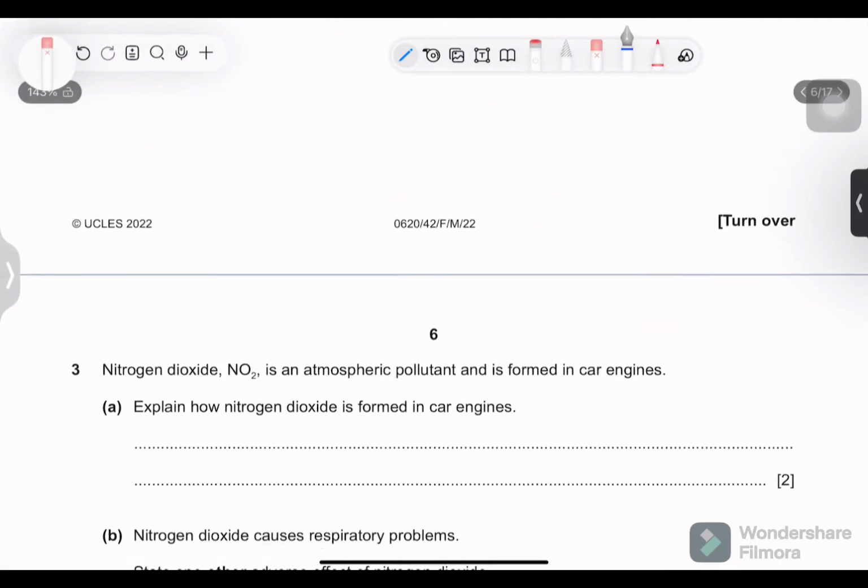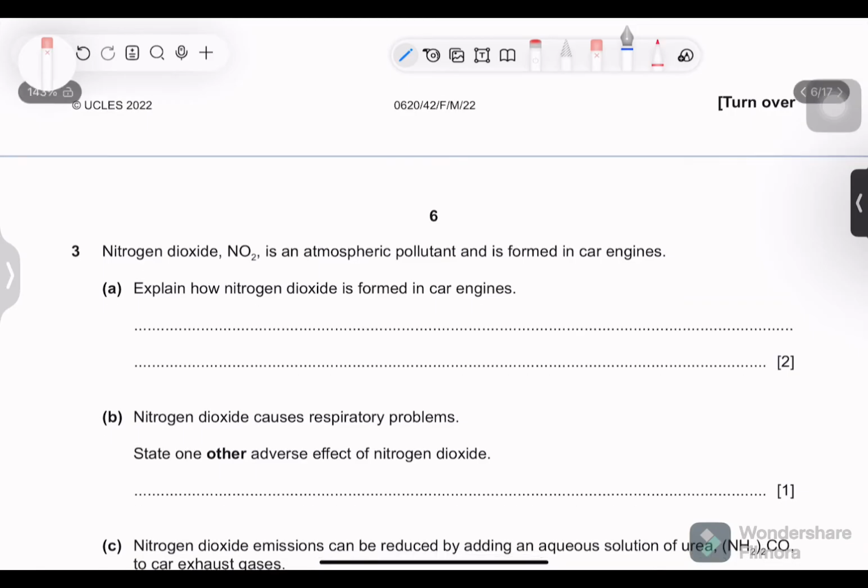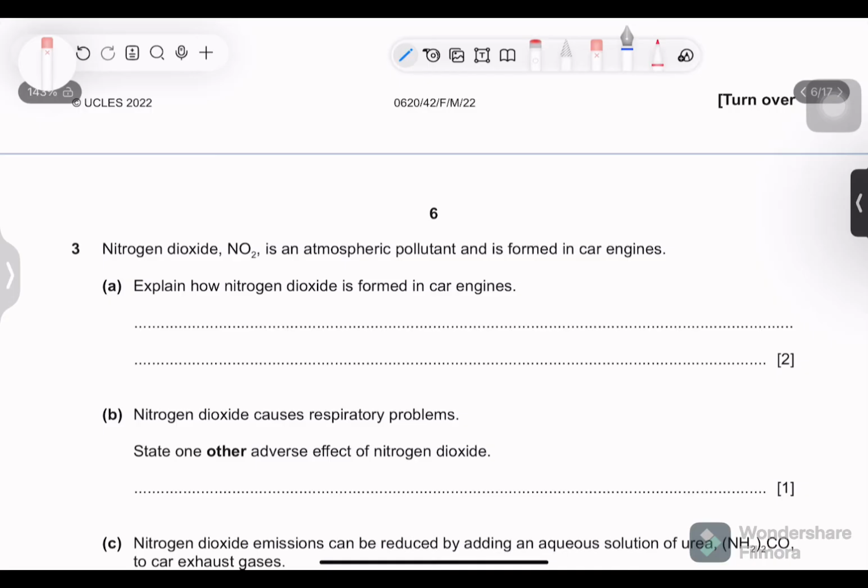Next, nitrogen dioxide is an atmospheric pollutant and is formed in car engines. Explain how nitrogen dioxide is formed in car engines. So you should know that it is formed when the oxygen and nitrogen react due to the high temperature of the engine. In the engine, there is a very high temperature due to the combustion reactions.